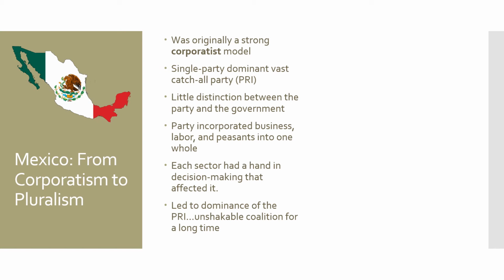Rather than having them compete against each other, rather than having labor get fragmented into steel workers versus plumbers versus electricians, all competing to be heard and get something for themselves, there's one big giant labor wing of the party, one big giant business wing, and one big giant farmer, agricultural, peasant wing of the party. And each of those big sectors is involved in government decision making.